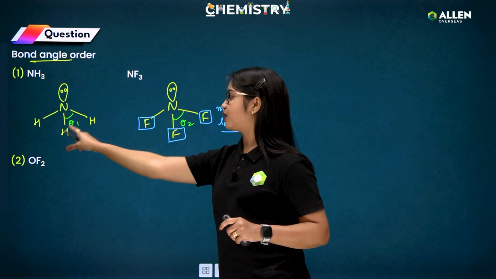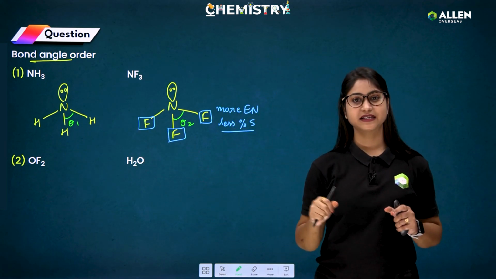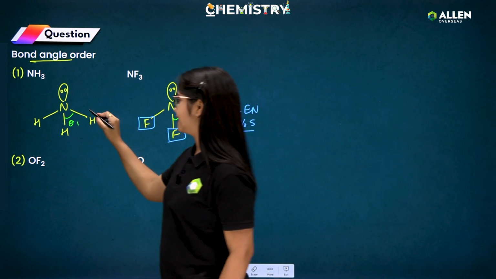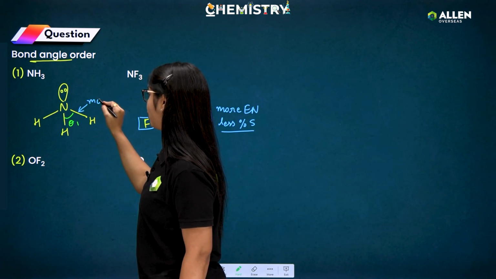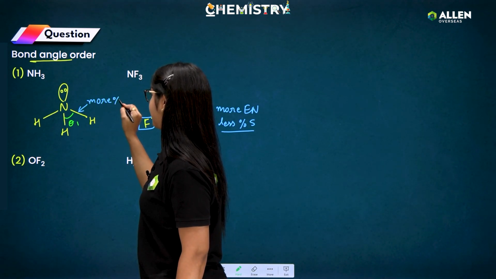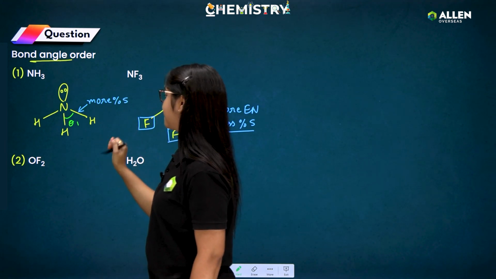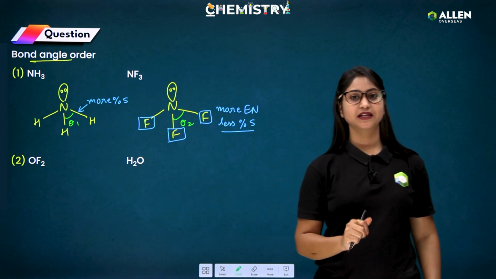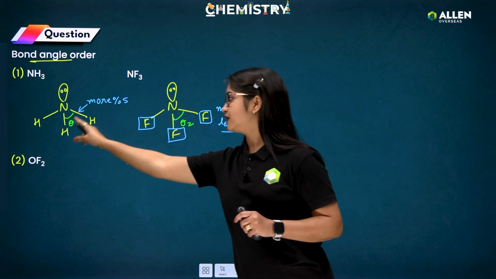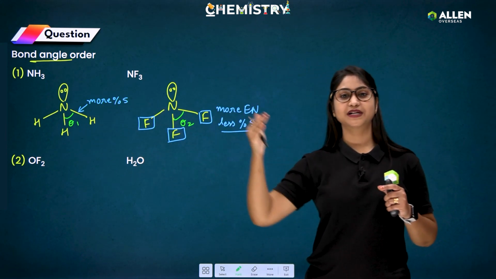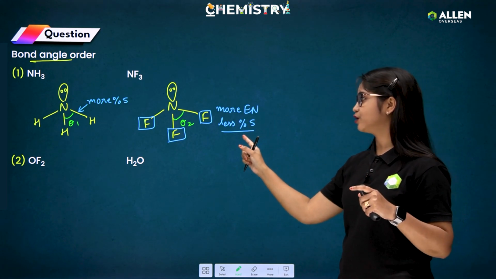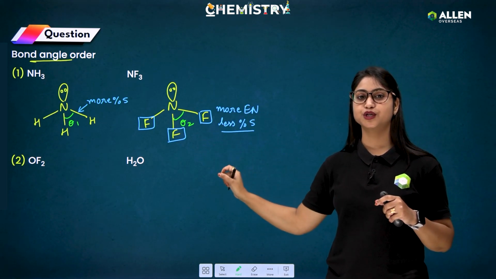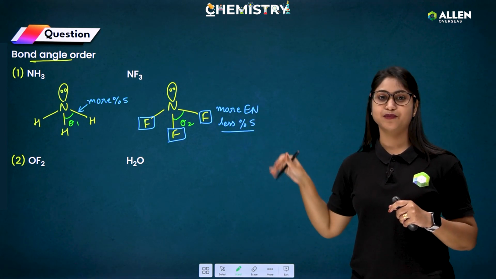In this molecule you have hydrogen. Hydrogen is less electronegative. So comparatively these hybrid orbitals will have more percent S character. And whenever you are comparing the bond angle between bonds having more percent S character, that bond angle is always greater as compared to the bond angle formed between bonds having less percent S character.